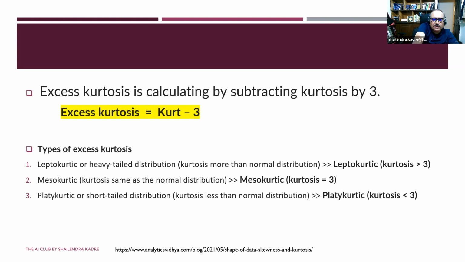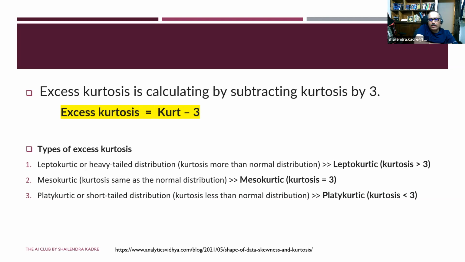If Kurt equals 3, excess kurtosis will be 0, because 3 minus 3 equals 0. Excess kurtosis 0 means it is mesokurtic. And platykurtic means short tail distribution, where kurtosis is less than 3, which means the excess kurtosis will be negative.